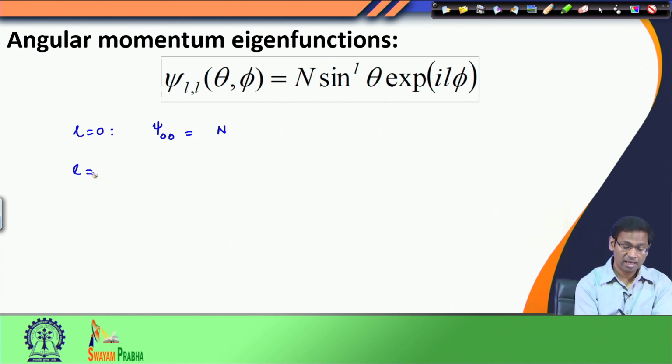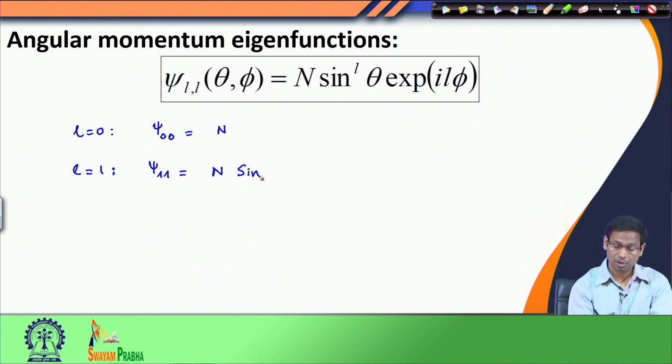When L equals 1, we have psi 1 1 as N, the normalization constant, sine to the power L theta, L is 1, so sine theta, e to the power i L phi, so e to the power i phi. When L is 2, we have psi 2 2 as N sine square theta e to the power 2 i phi, and so on and so forth.